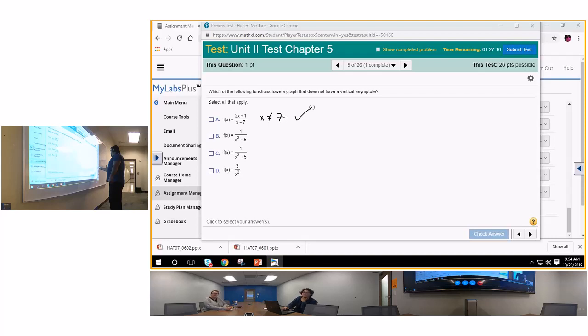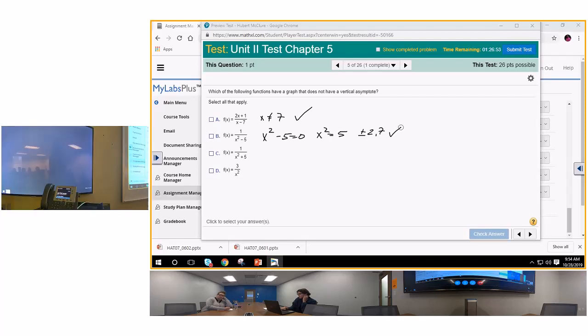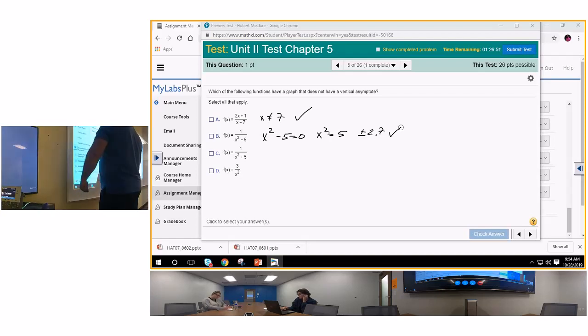So that one has a vertical asymptote. Capiche? Yeah. x squared minus 5 is equal to 0. x squared is equal to 5. x is positive or negative 2.7, so it has a vertical asymptote. x squared plus 5 is equal to 0.